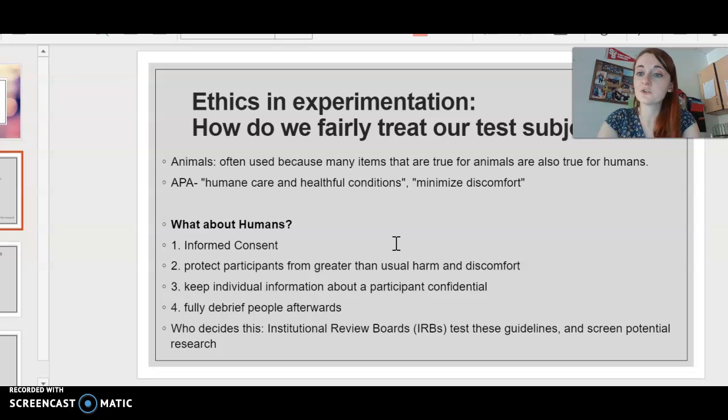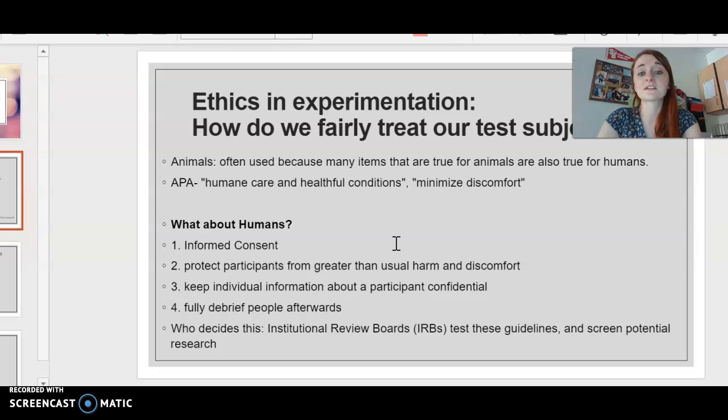Do you have to give them details about, say, what experimental group or control group they're going to be in? No, but you need to inform them that there will be an experimental group and a control group. Where they fall, they just shouldn't know, actually, because it might influence the results of the study. But you need to make sure that they're aware of all the risks that could potentially be a problem for them if they contribute to this study.